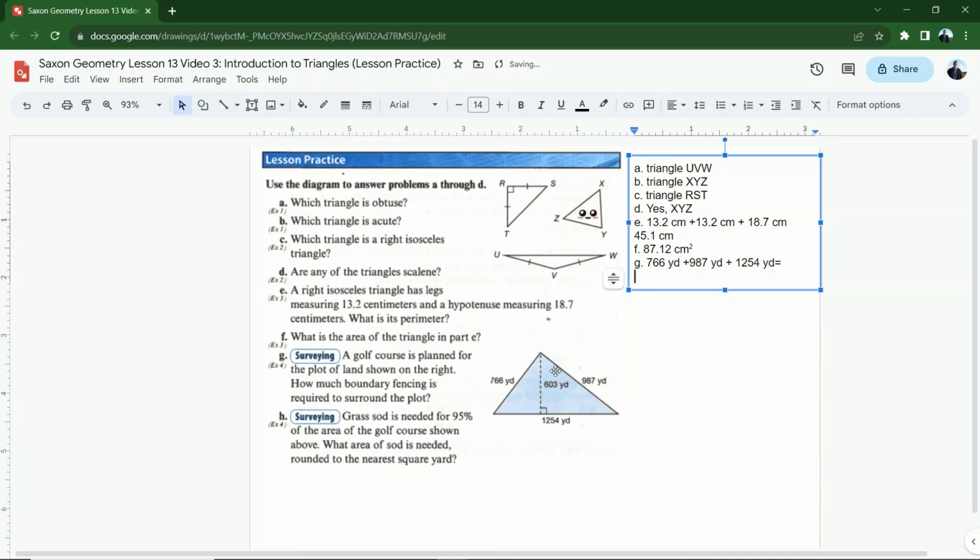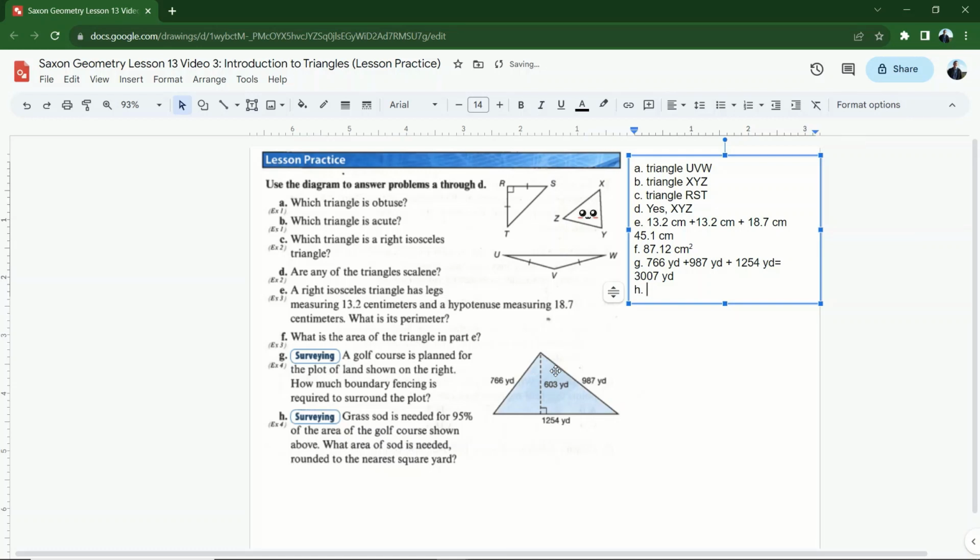I'm going to use a calculator here. 766 plus, not times, plus 987 plus 1254. That gives me 3,007 yards.